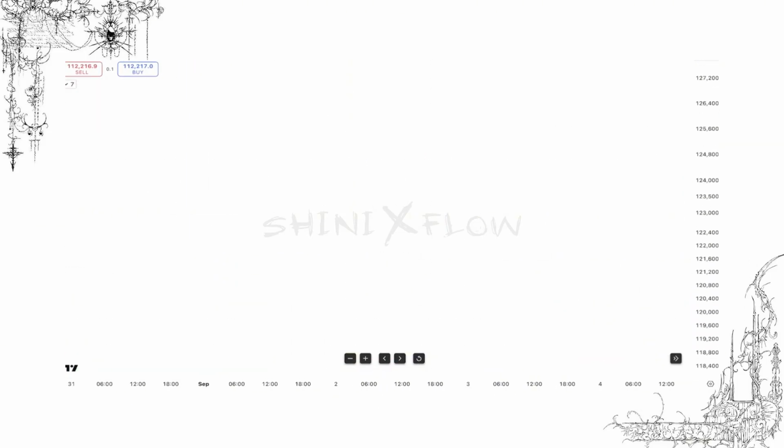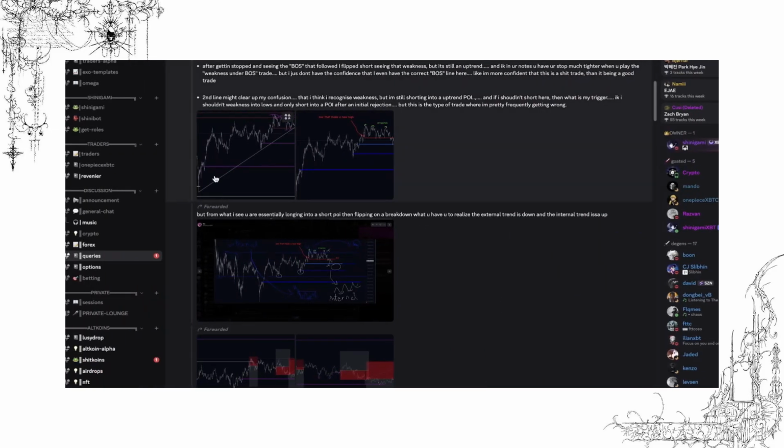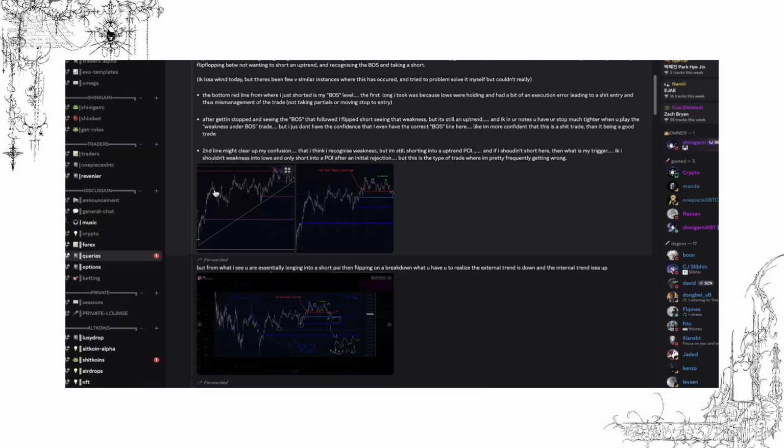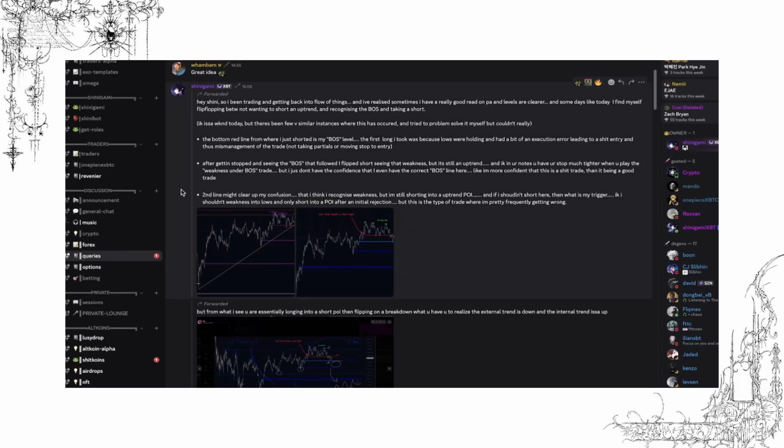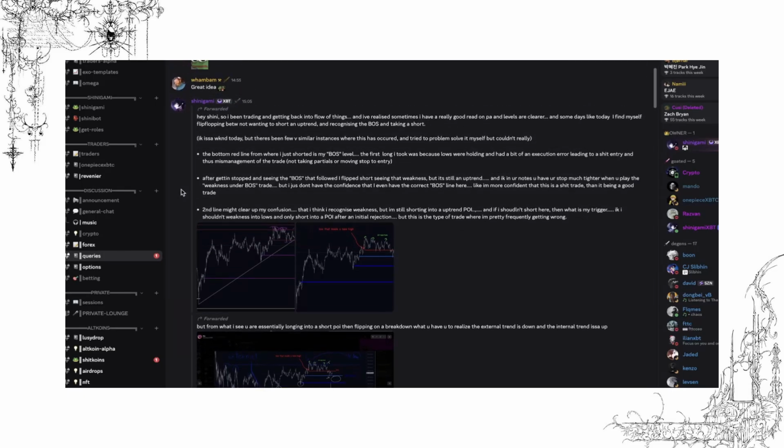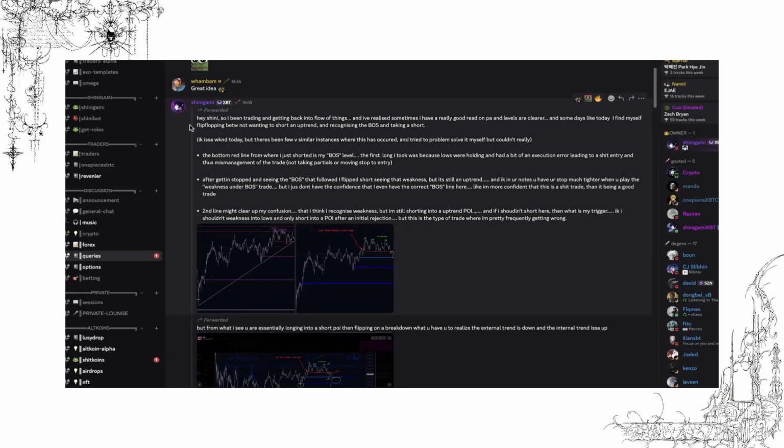One is the understanding of two structures, one supposed to be internal, and one supposed to be external structure. That's one of his problems, and the second is TPing. After you've done the entry to the trade, you have to understand how to manage the trade itself as well. And I'm just going to go over some context he shared.